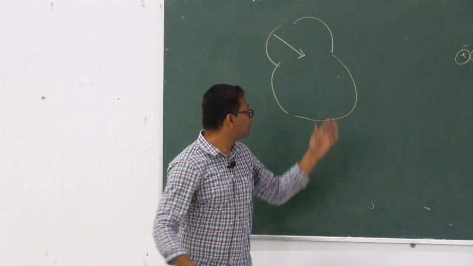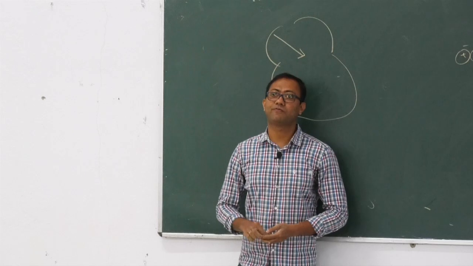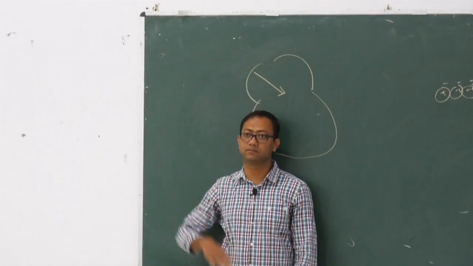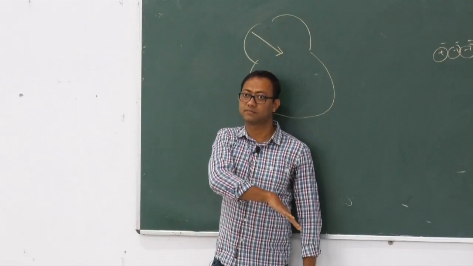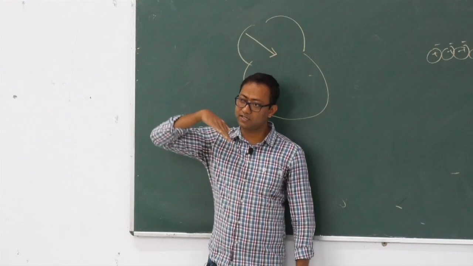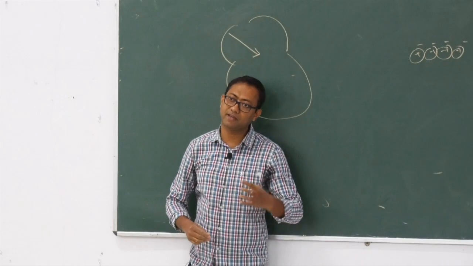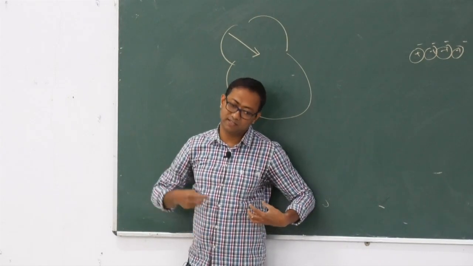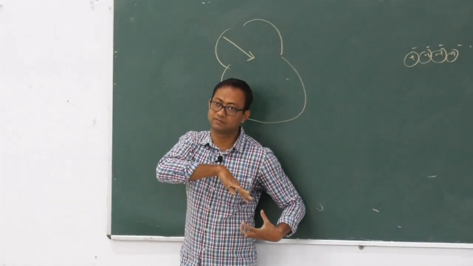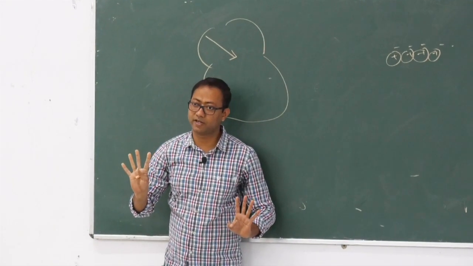Okay, now consider this heart is my heart. So fast electrical activity will travel in this direction, right? Fast electrical activity will travel in this direction. So if I keep a lead over here, this lead will catch this vector. Get my point?